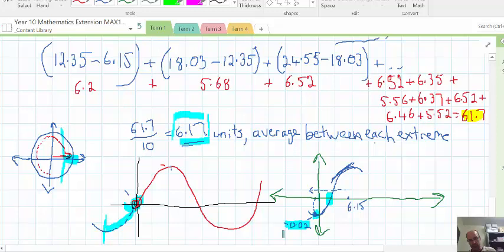The x value is nearly 0. It's only negative 0.02, so it's 0.02 to the left. Clearly we need to take another midpoint here, if it is a trig graph, to get an idea of where this would be.